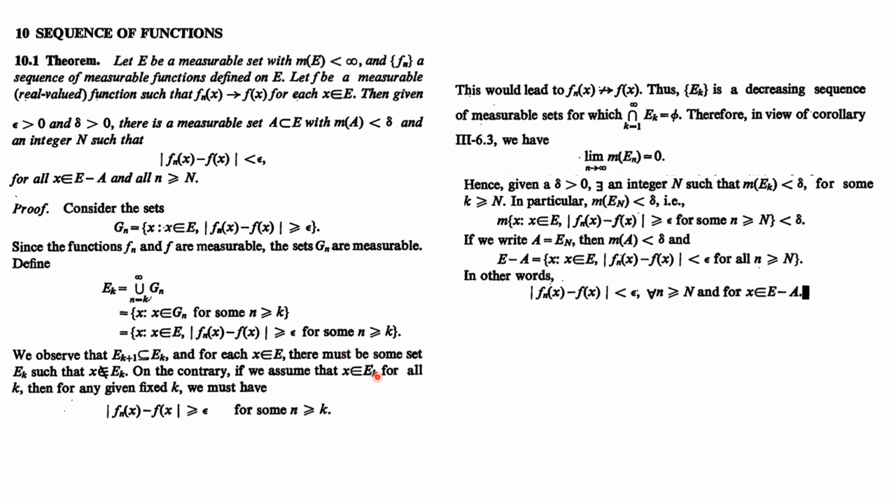We just apply the definition of E_k. What we want to show is that x does not belong to E_k for each x belonging to E. But we suppose the contrary, that x belongs to E_k for all k. Now we apply the definition of E_k. E_k is the set of all those x belonging to E where this value is greater than or equal to epsilon for some n greater than or equal to k. Okay, so you will get this thing.